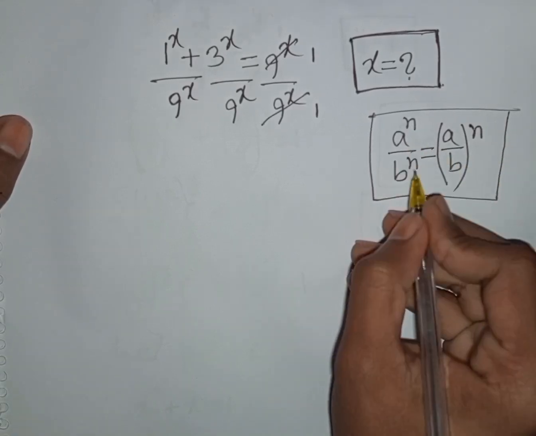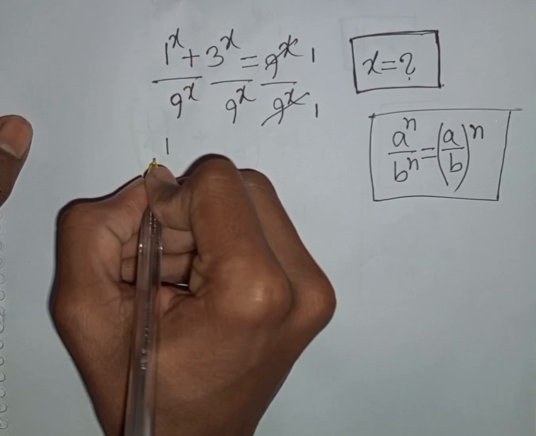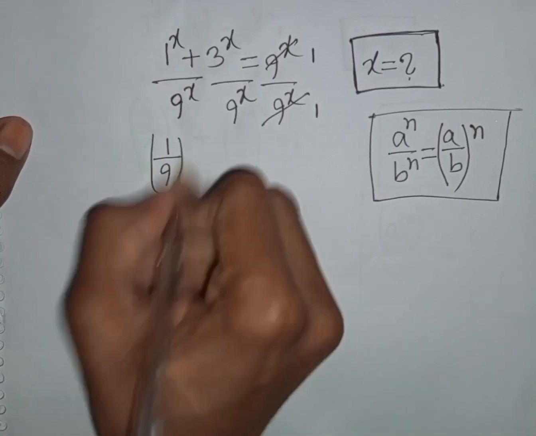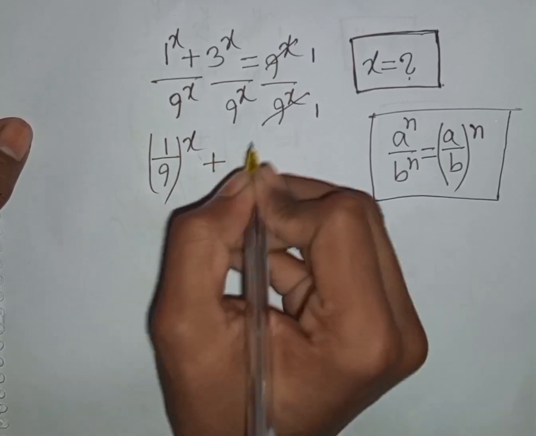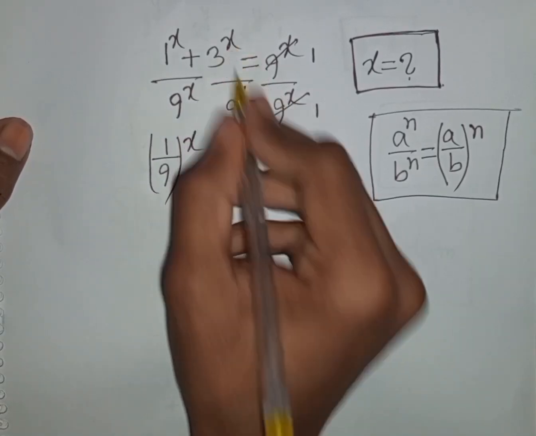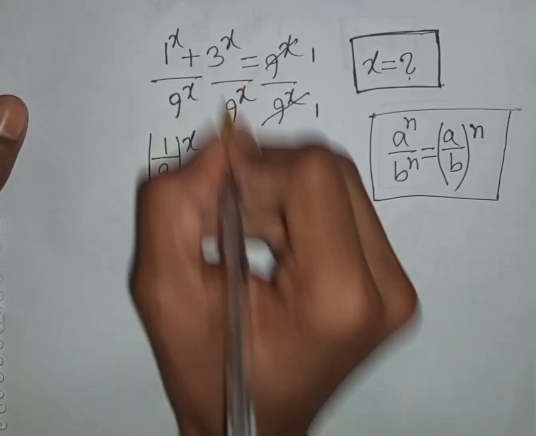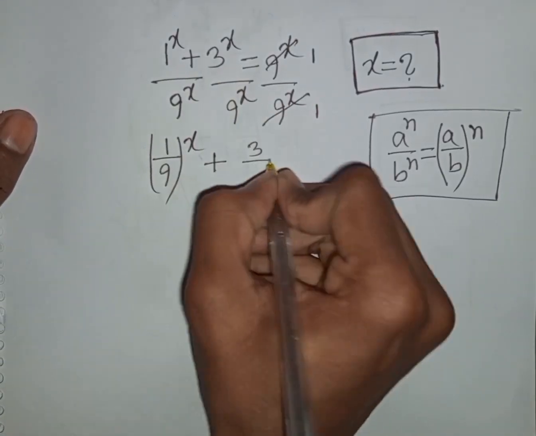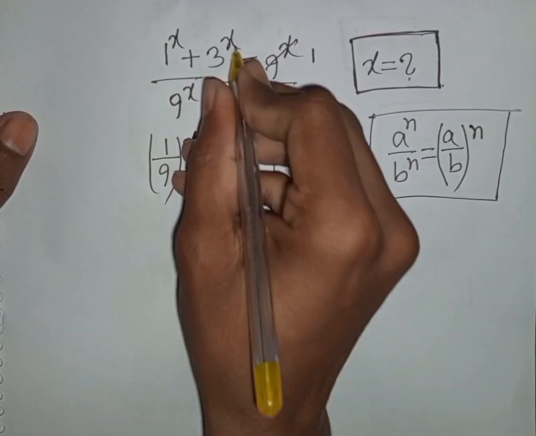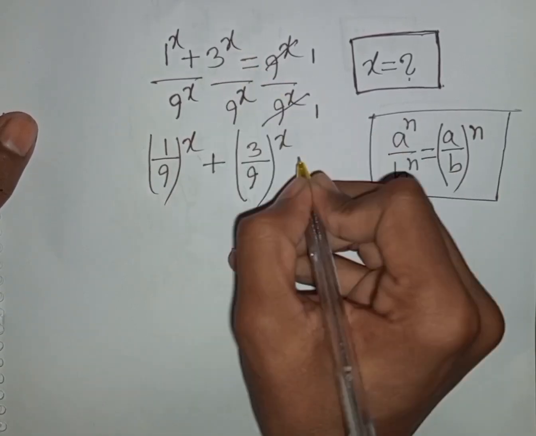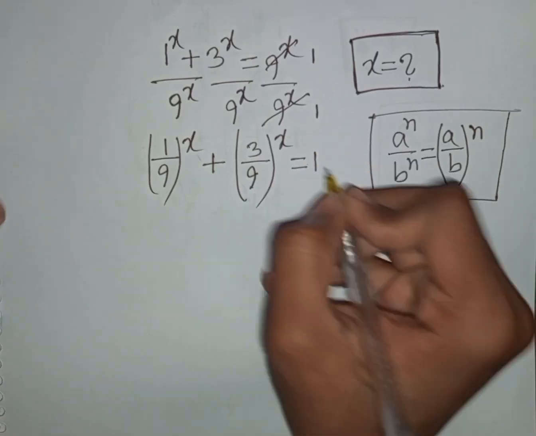So we can write here 1 over 9, then bracket common power x plus, again x same power but different base. So according to this exponential rule we can write here 3 over 9, then bracket common power x is equal to 1 divided by 1, that means it will be 1.